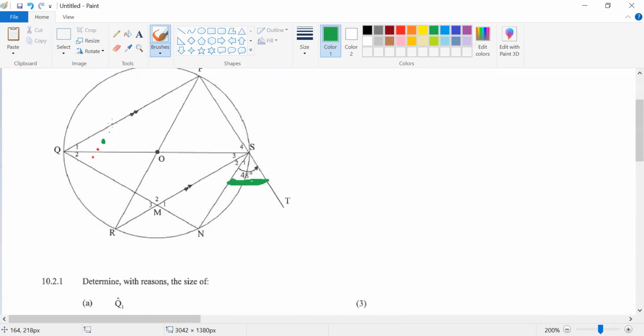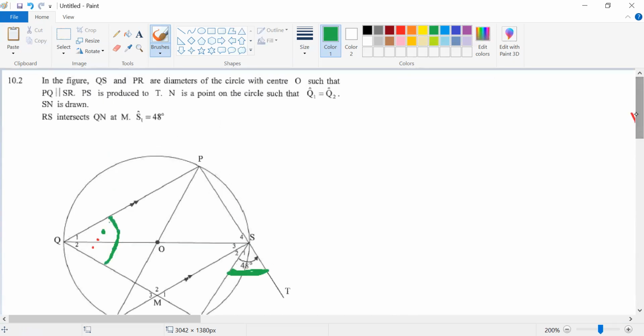And the way it actually links to this is that it is the exterior angle of a cyclic quad. So if we had to write that out, we would say that S1 is equal to Q1 plus Q2, because that's what this angle is made of. And we know that S1 is equal to 48. So 48 degrees is equal to Q1 plus Q2.